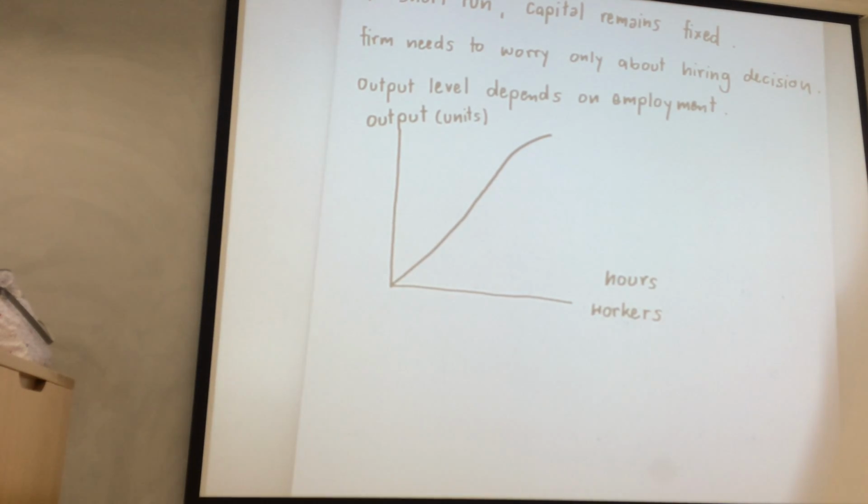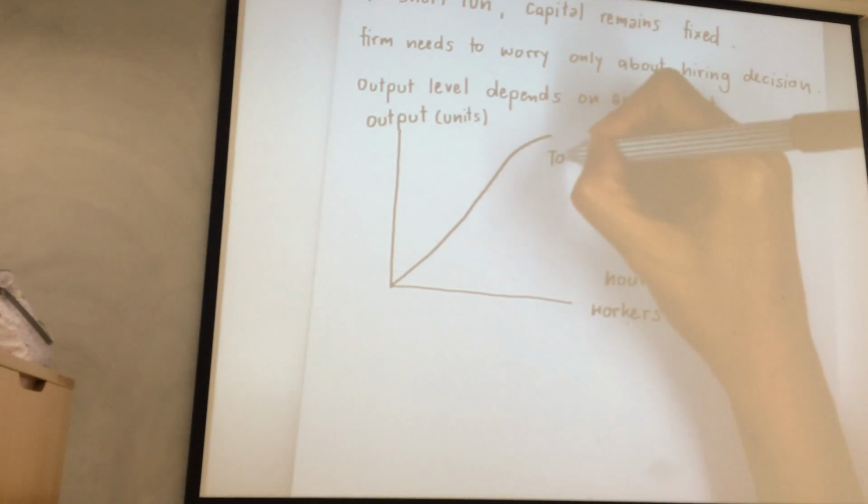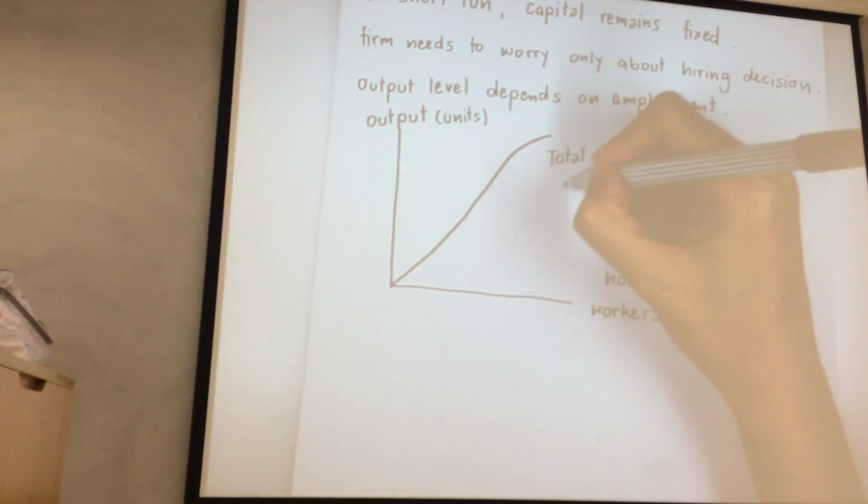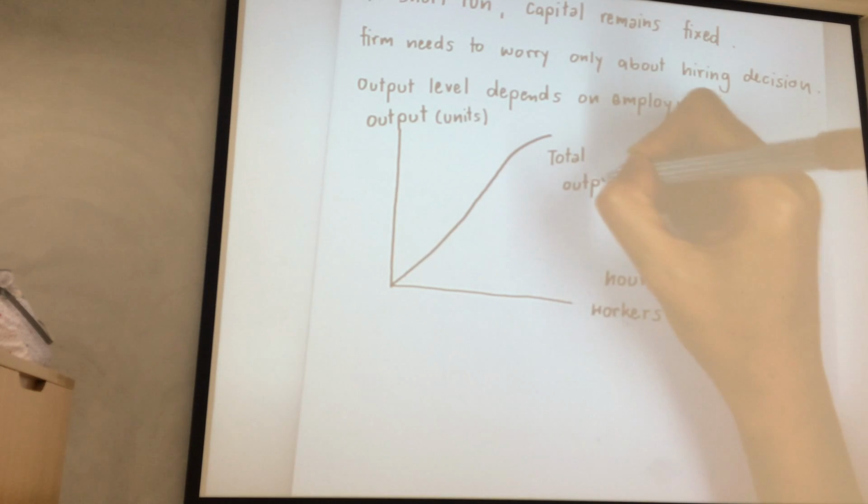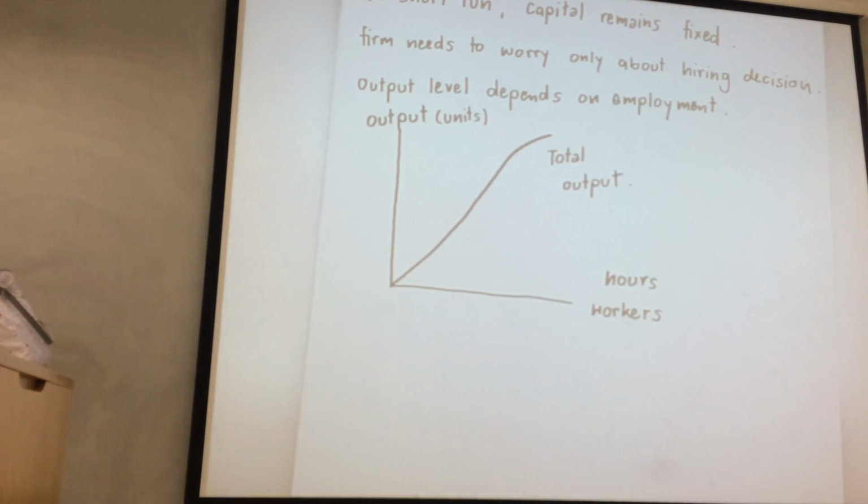The somewhat S-shaped curve, right? Which in itself is not very interesting for economists. It's kind of like, yeah, okay, fine, total output, so what? Because you cannot really analyze much in the total output function.